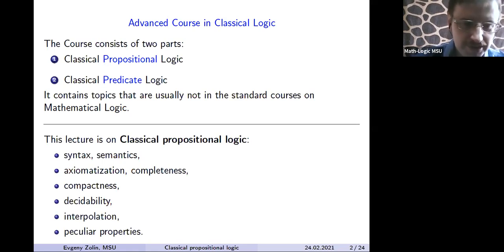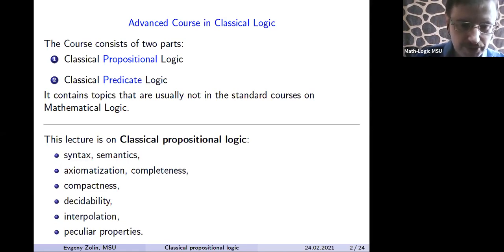So this first lecture is just a reminder of what you know from standard courses, and we will also have some new material. We will recall the syntax and the semantics of classical propositional logic, its axiom system and completeness of this axiom system, and some properties of this classical logic, like compactness and decidability.